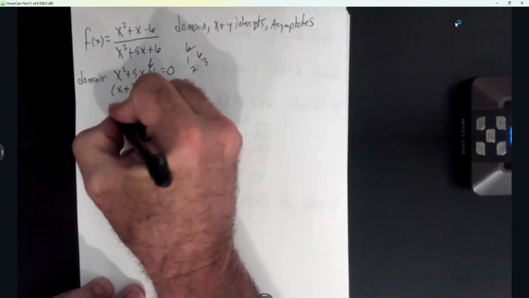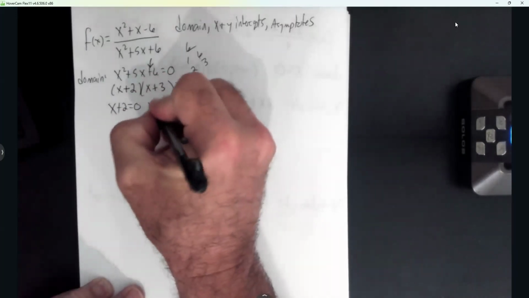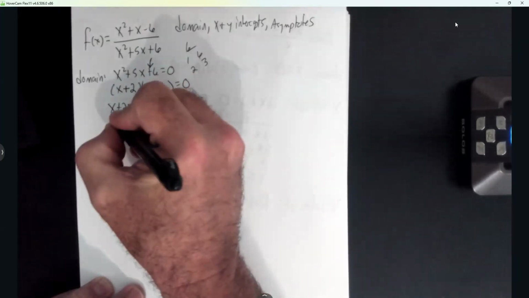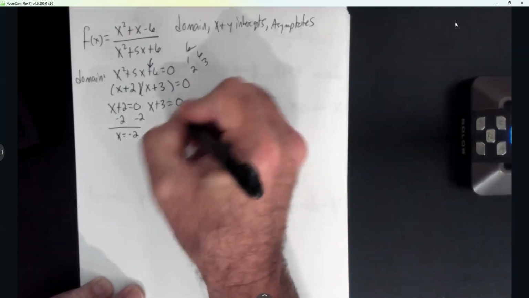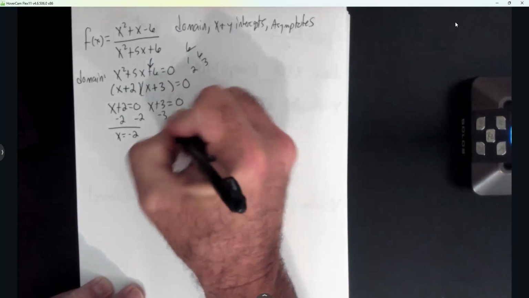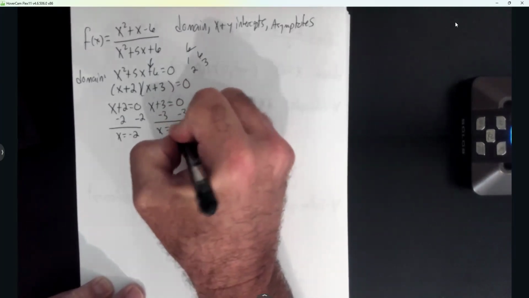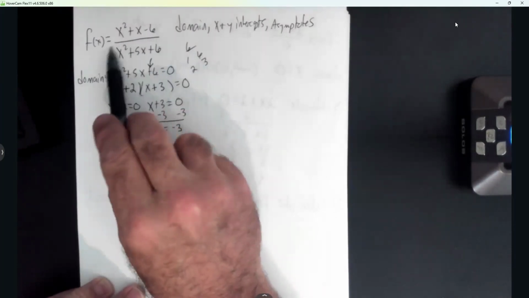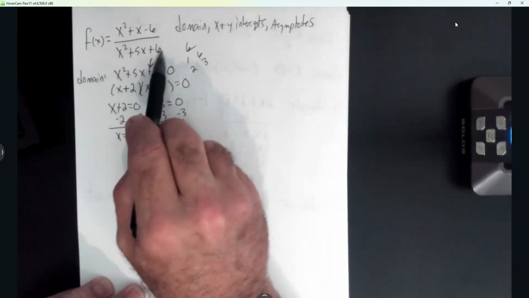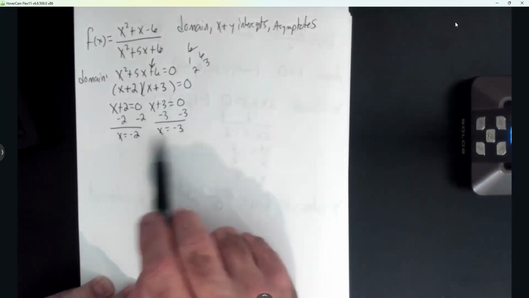So now to finish out, set both these equal to 0. The first one I would subtract 2, and then this one I would subtract 3. If you wanted to graph just the bottom of this, remember, you could graph it in y equals and look for the 2 x-intercepts.